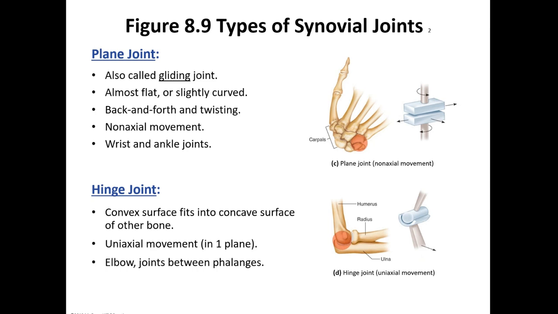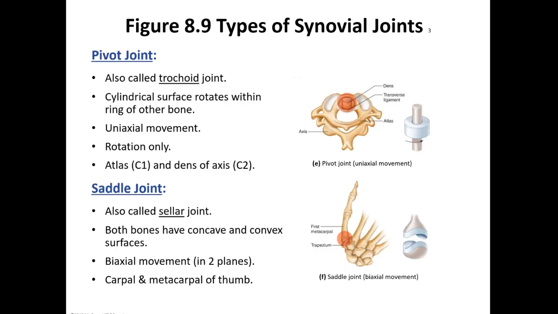The fifth type of synovial joint is the one called pivot joint. We're able to rotate our head side to side because of pivot joint. The pivot joint is found between our first cervical vertebra and our second cervical vertebra. They allow us to rotate our head as in no. You see that? They only allow for rotation.